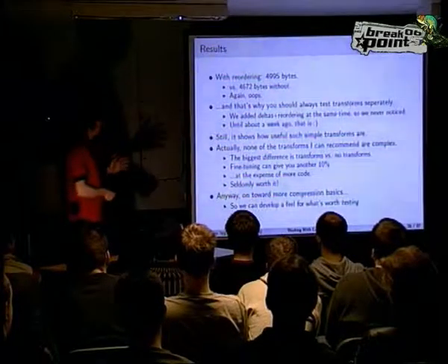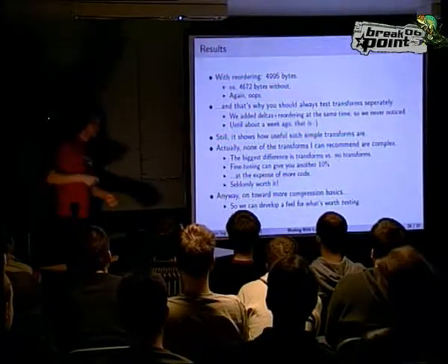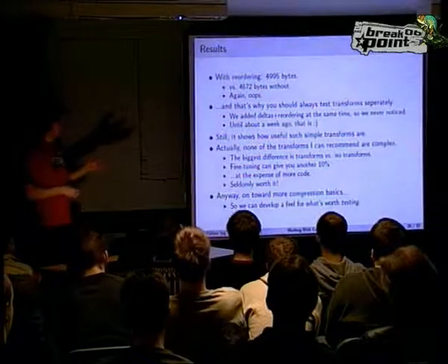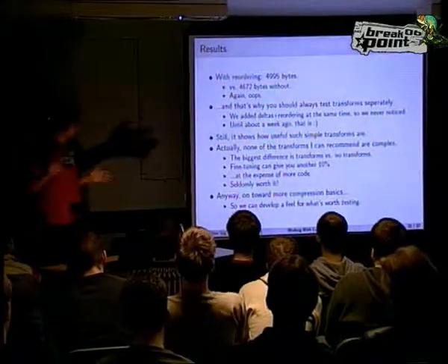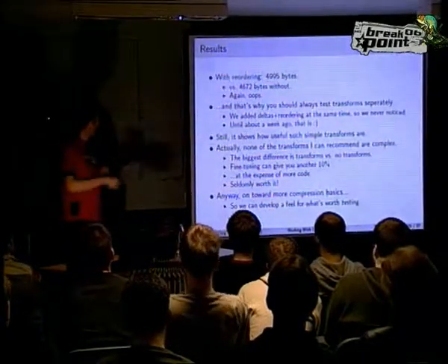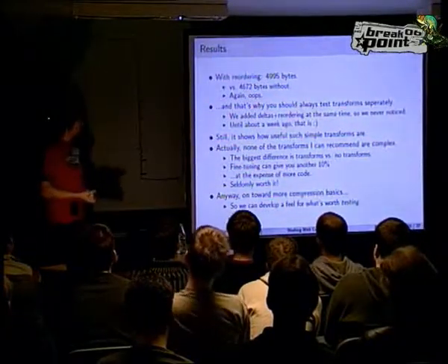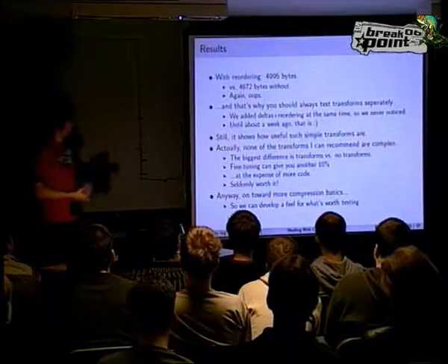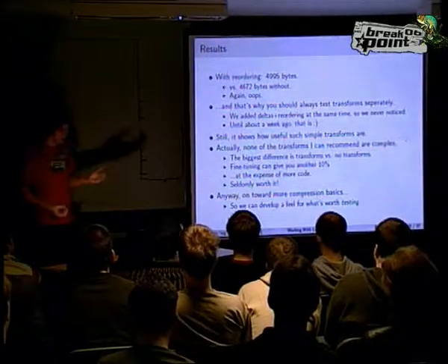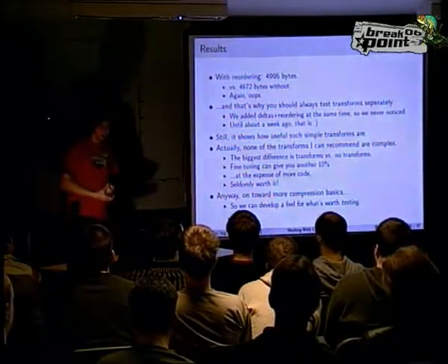And this is the reason why you should always test this kind of transform separately. What happened here was that we did the reordering and the delta coding at the same time. So we didn't even notice that this reordering actually makes everything bigger. Until I started preparing the seminar, that is.